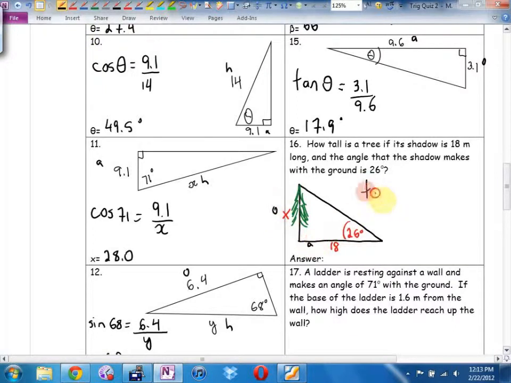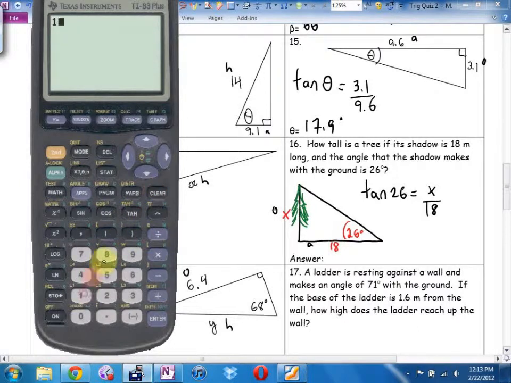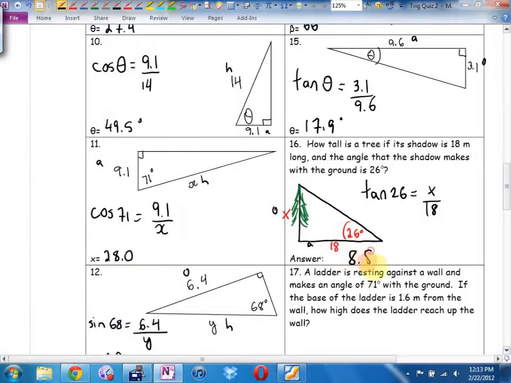Hey, it's tan again. Clear, Mr. Dueck. It's going to be 18 times tan of 26. 8.8 meters.